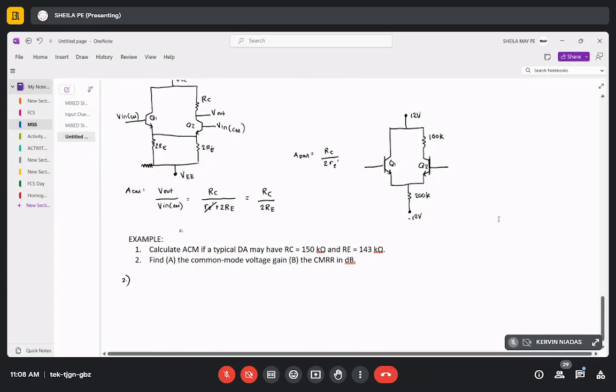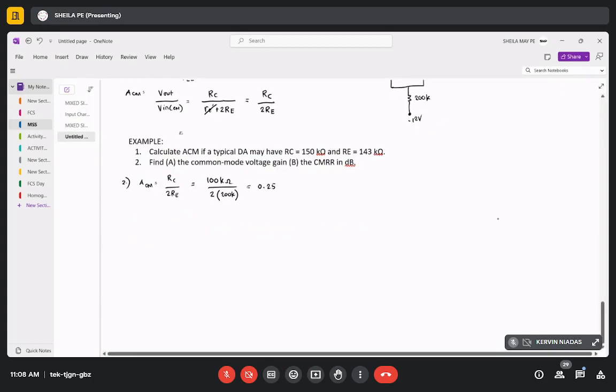If we have here a common voltage gain that is unknown, so the common voltage gain is ACM. The formula is RC over 2RE, right? We can go direct. Since we don't have RC, we have twice of our RE which is 200K. So 100 over 400. That's 1/4, which is 0.25, unitless.